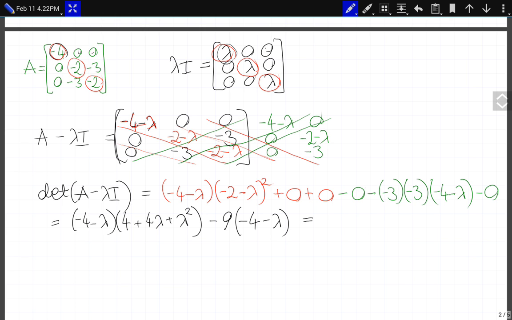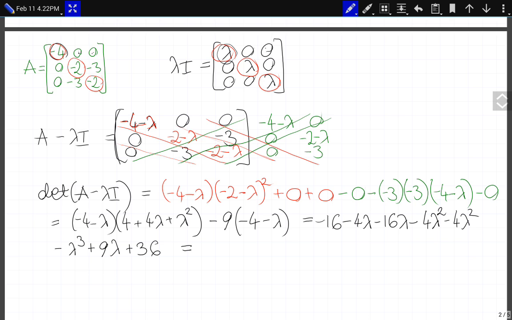And if we multiply that out again, that gives us minus 16 minus 4 lambda minus 16 lambda minus 4 lambda squared, and again minus 4 lambda squared, then minus lambda cubed plus 9 lambda plus 36.